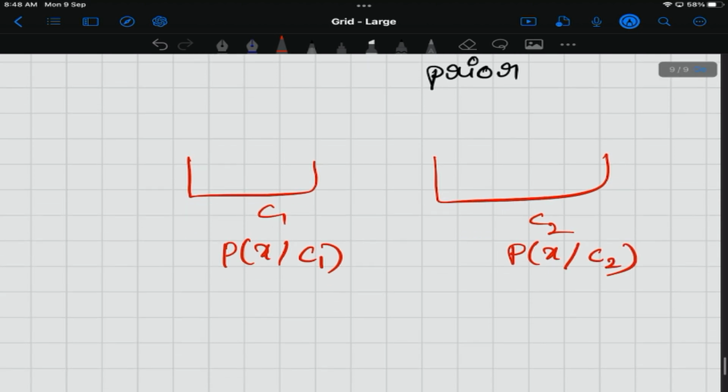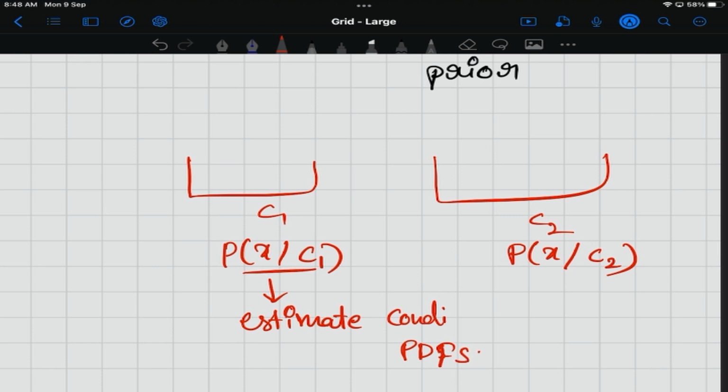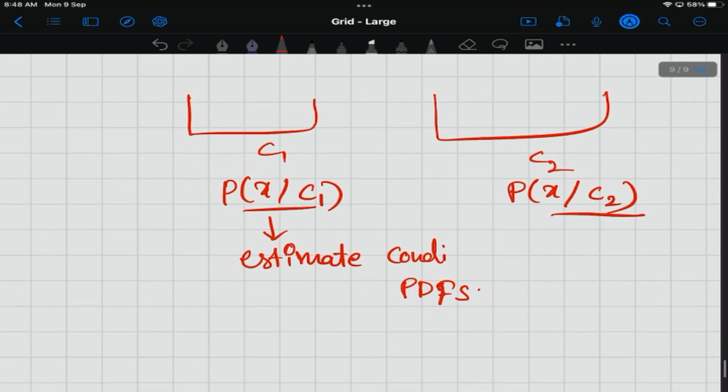And we try to estimate these conditional PDFs, and make use of these PDFs to classify your unseen or test data points.